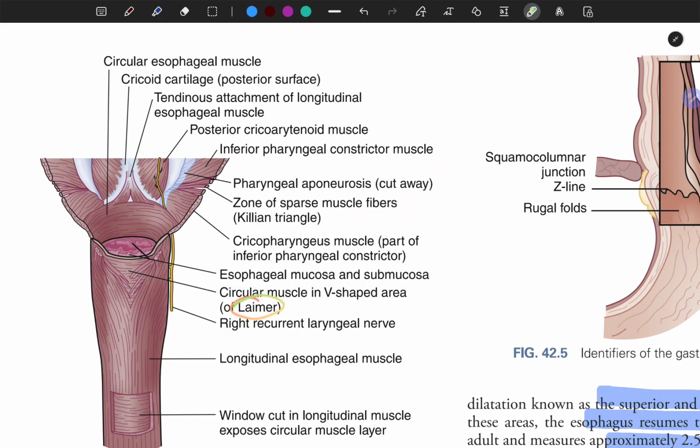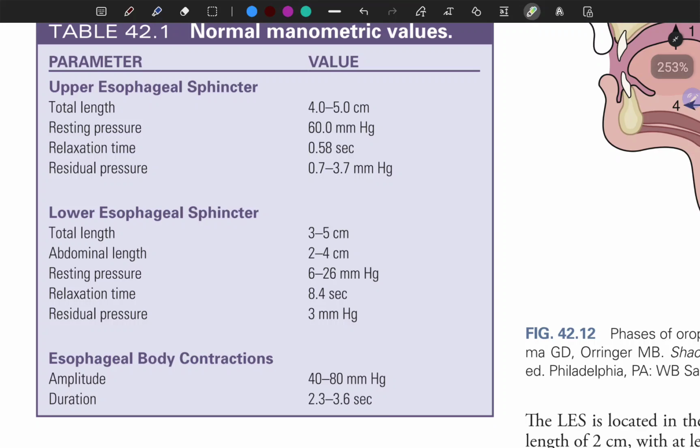What is Laimer's triangle? The exposed circular muscle fibers of the esophagus where the outer longitudinal muscle fibers are deficient. This is called Laimer's triangle. So just remember these values.